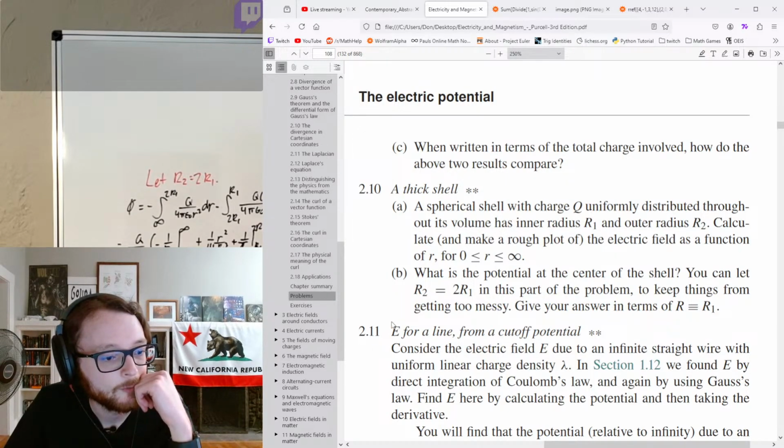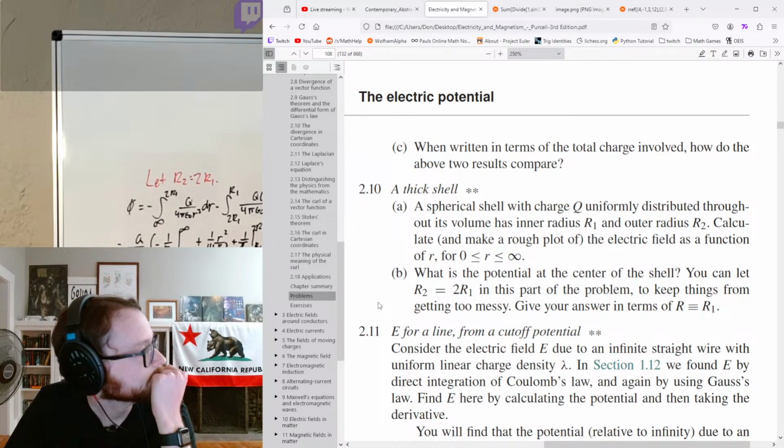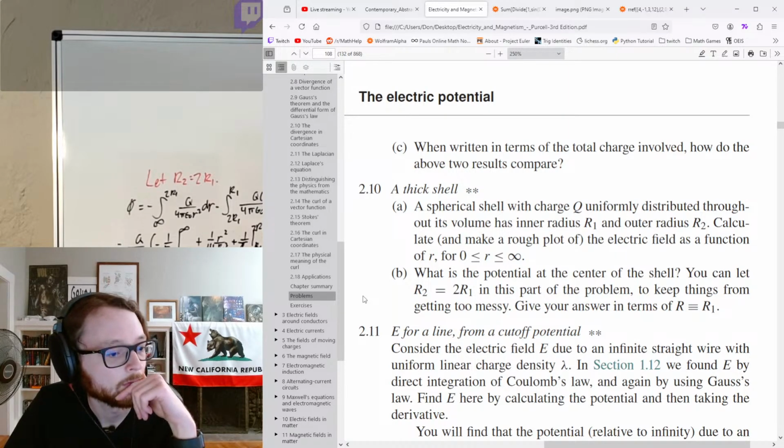You liked part A, you don't think you followed part B? It was really just integrating the result from part A. Is it the setup that's confusing or just the execution?